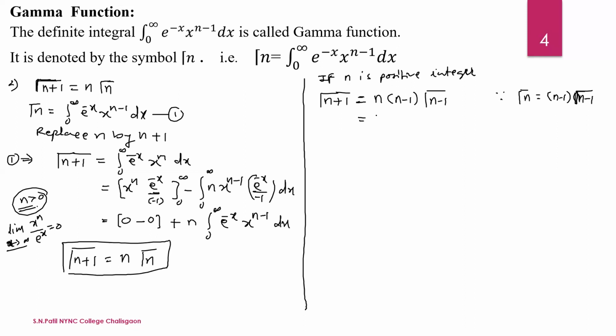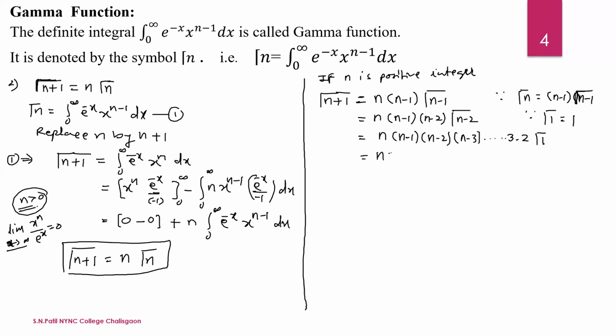Similarly, we apply the rule again: n minus 2, gamma of n minus 2. Continuing in this way, n, n minus 1, n minus 2, n minus 3, and so on, down to 3, 2, and here we get gamma of 1, and we know gamma of 1 is equal to 1.